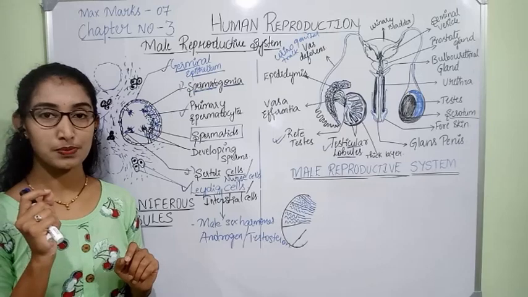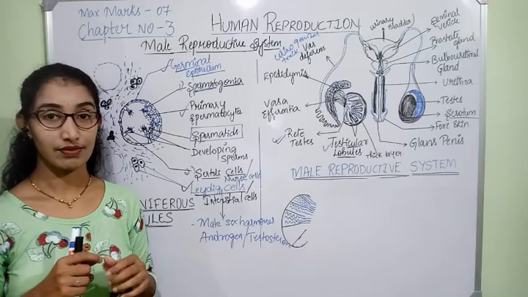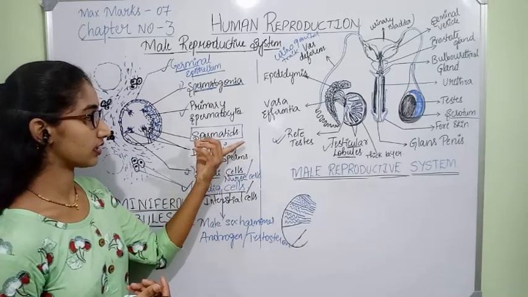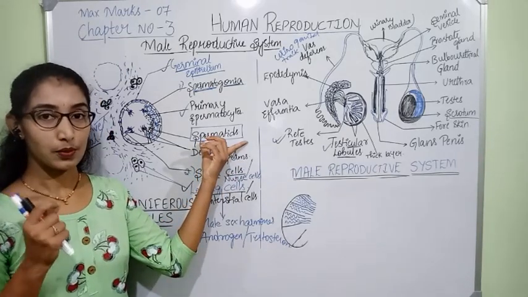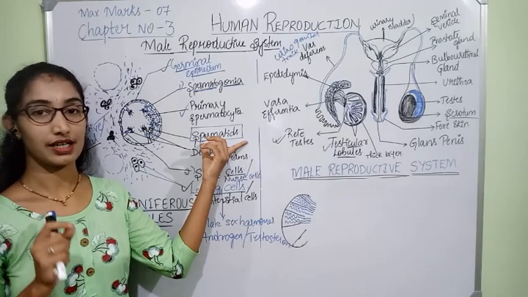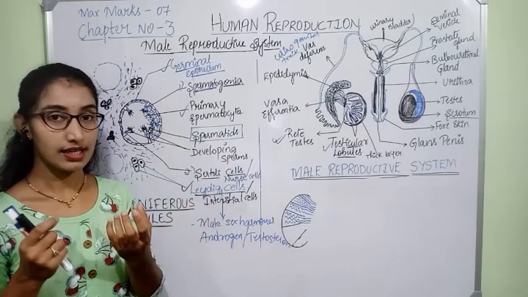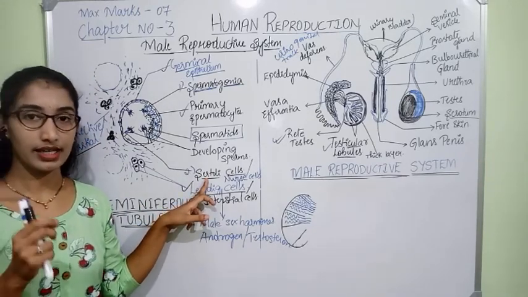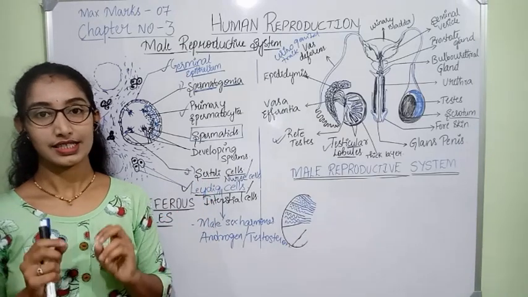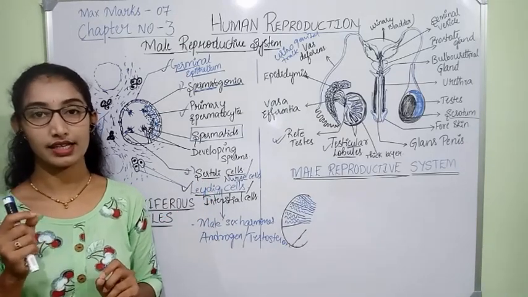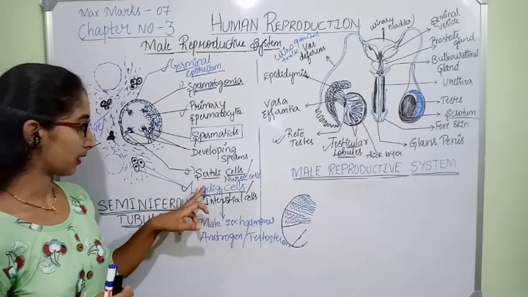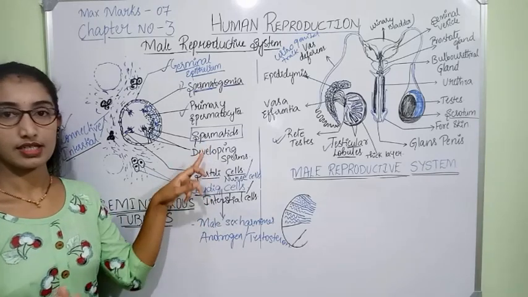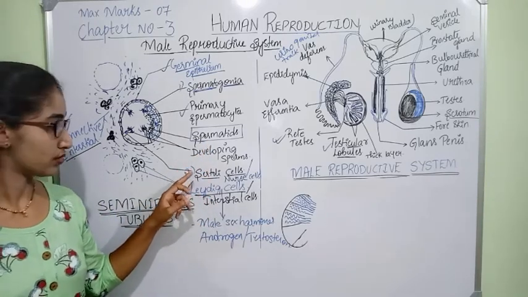The spermatids are provided with nourishment by the Sertoli cells, which transform the spermatids into mature spermatozoa.